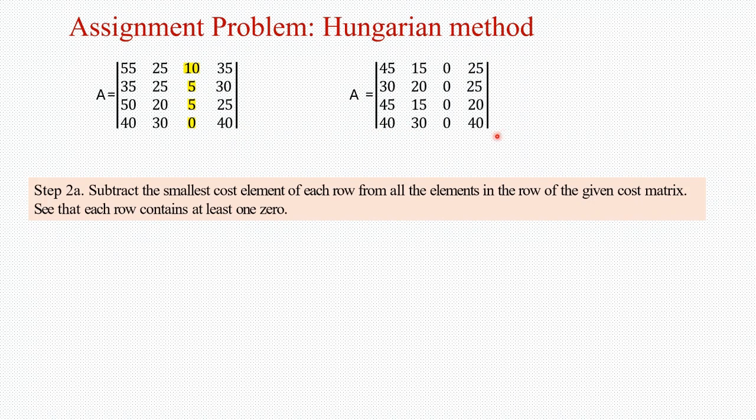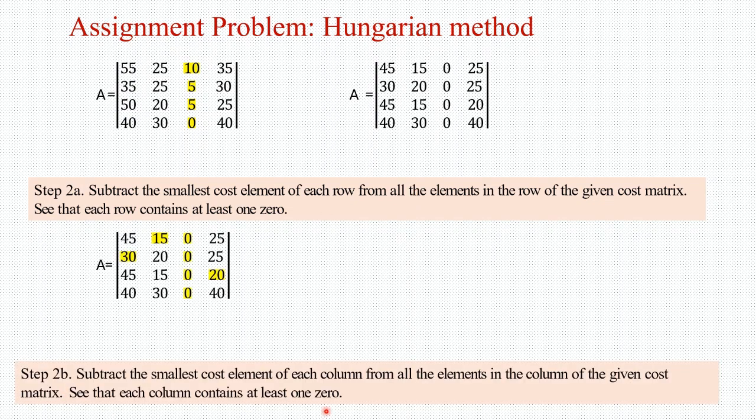Step 2b. Subtract the smallest element of each column from all the elements in the column of the given matrix. The smallest element in the first column is 30. Subtracting 30 from each element of column 1, we get 15, 0, 15 and 10. The smallest element in the second column is 15, so subtracting 15, we get 0, 5, 0 and 15.